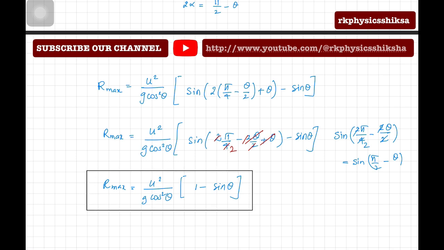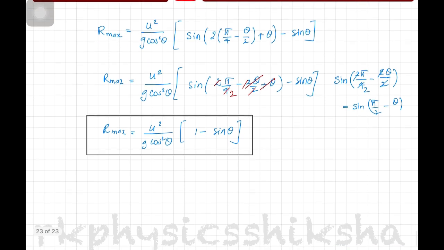This is the equation of maximum range of the projectile, which is u square by g cos square theta into 1 minus sin theta. You can even write it in another format, because there are different ways to write it.